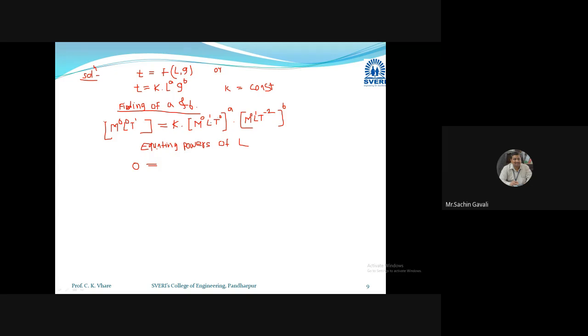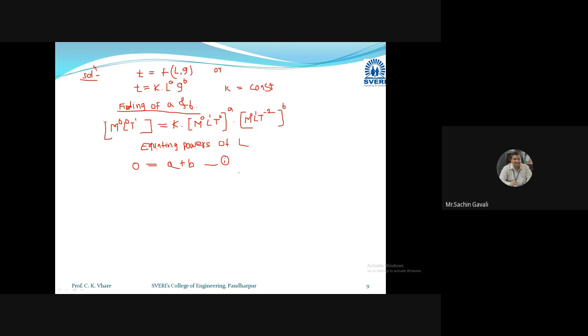This is L raised to 1, raised to A. What can we write? The power will be A. Yes, somebody is correct, A. Plus, L raised to 1 into B. So A plus B. This will be the first equation.